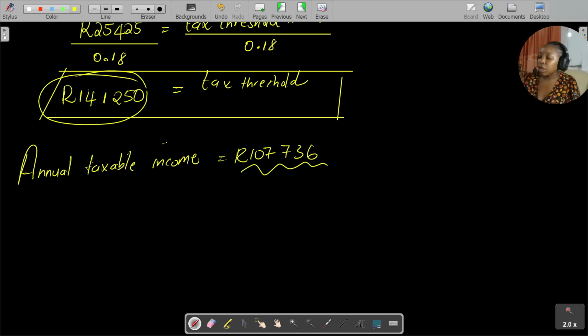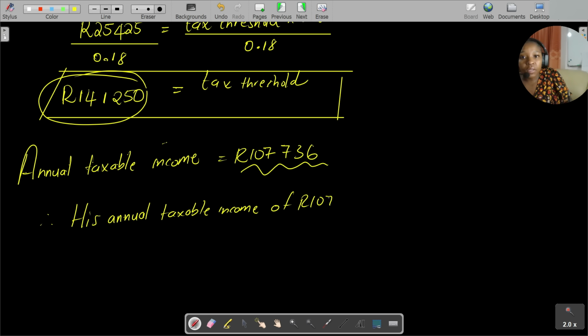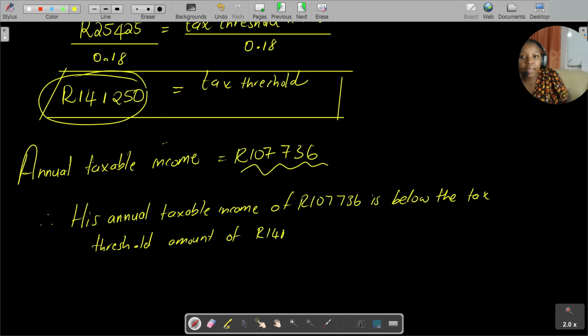His annual taxable income of 107,736 is below the tax threshold amount of 141,250. He is not supposed to pay tax.